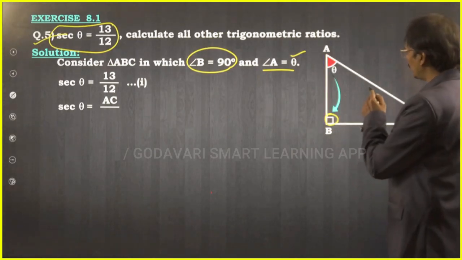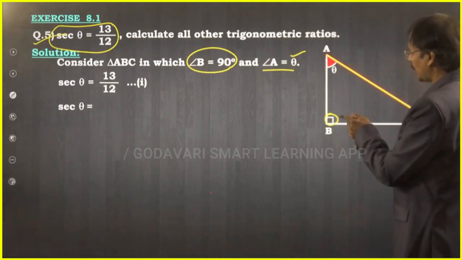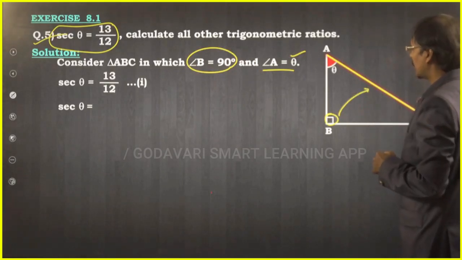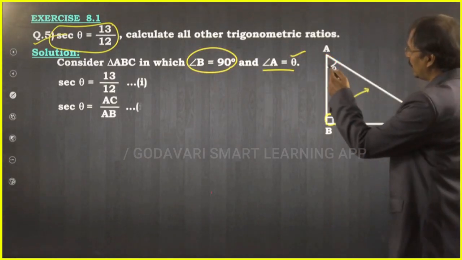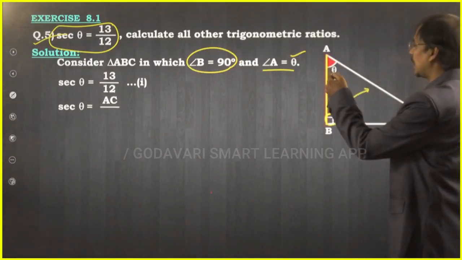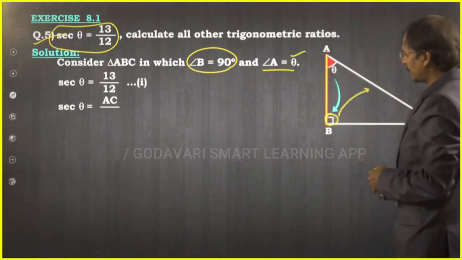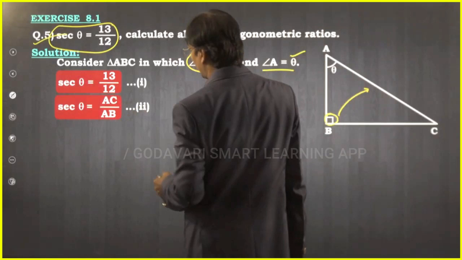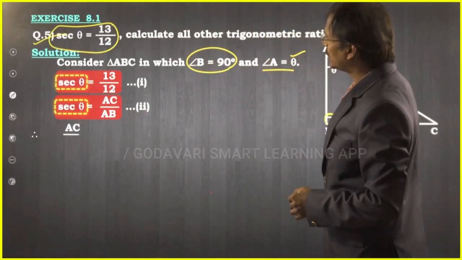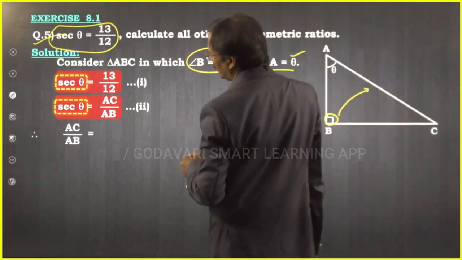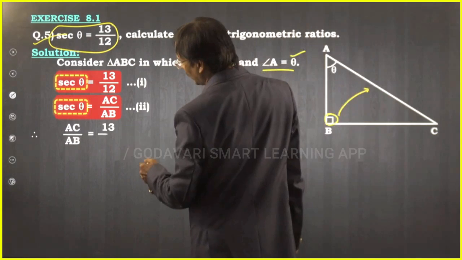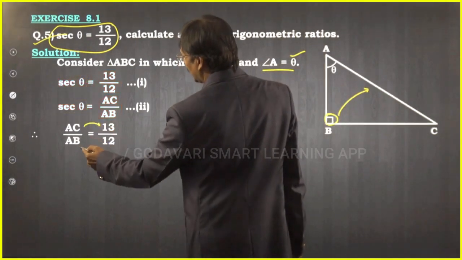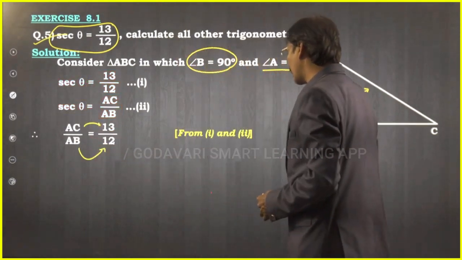This is the hypotenuse, which is opposite to the right angle. This is the adjacent side, which is adjacent to the angle A. Now secant theta is AC by AB. Here AC is nothing but 13, AB is nothing but 12.